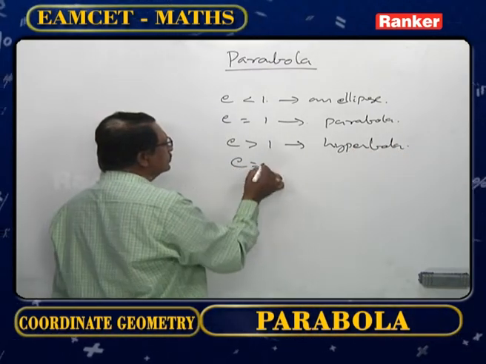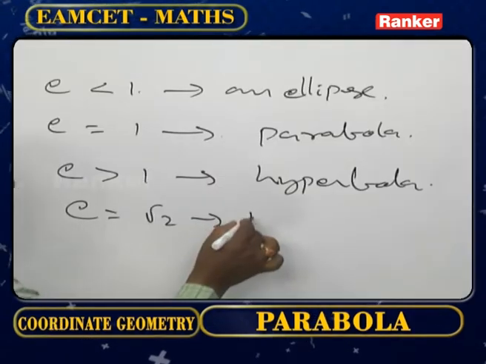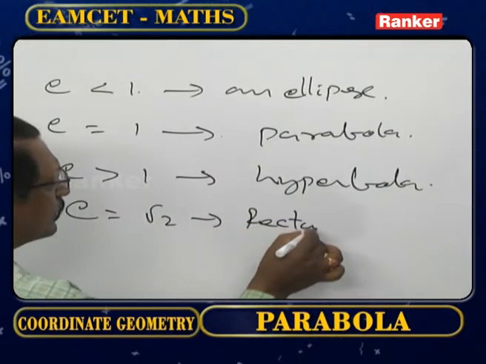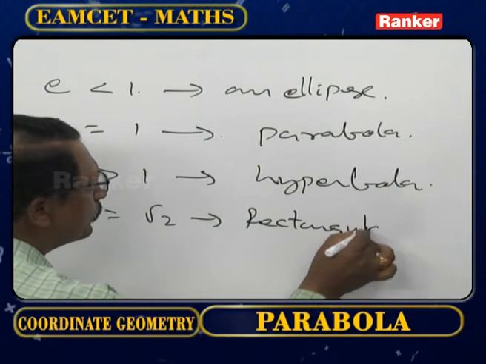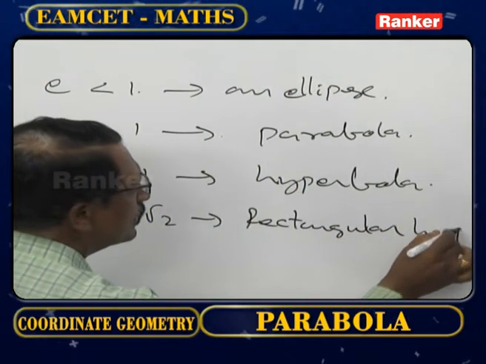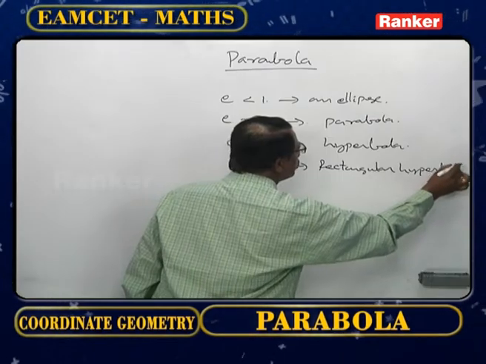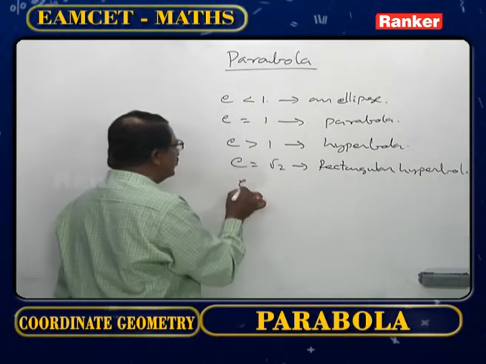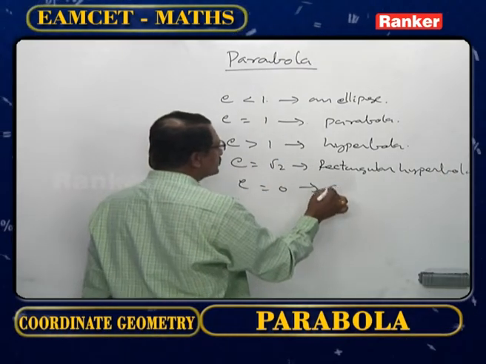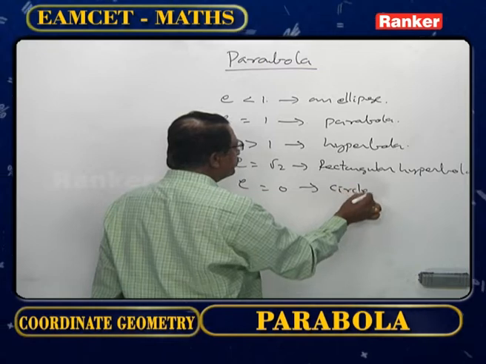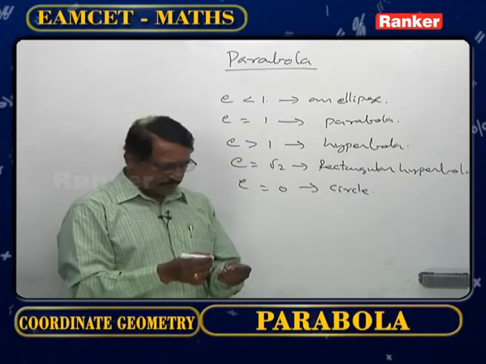If E equals root 2, the conic is called a rectangular hyperbola. If E equals 0, the conic is called a circle.